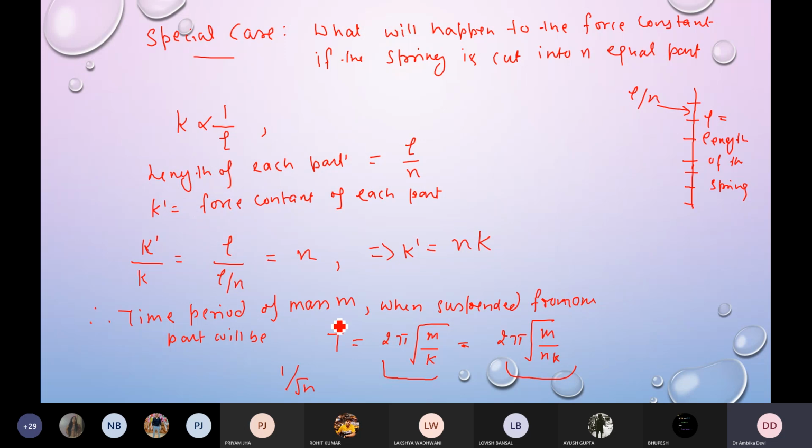The time period of mass m when suspended from one part is 2 pi under root of m upon k dash, which is 2 pi under root of m upon nk. Initially, without cutting, the time period is T equal to 2 pi under root of m upon k. If you compare the two, you find that the new time period is a multiple of 1 upon root n.